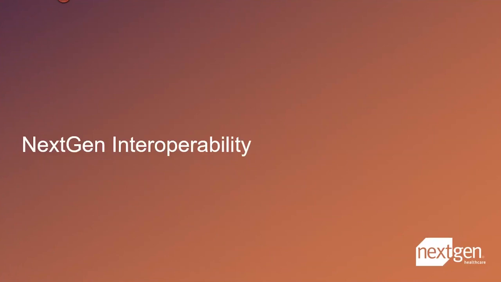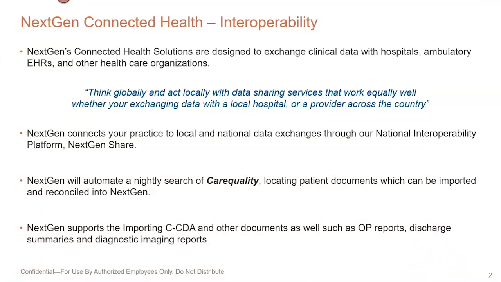So let's go ahead and look at some of the components tied to that area within NextGen under the interoperability platform. So just to have a full understanding, what is NextGen interoperability? Well, our connected health solutions are designed to exchange clinical data within hospitals or ambulatory EHRs across the nation.